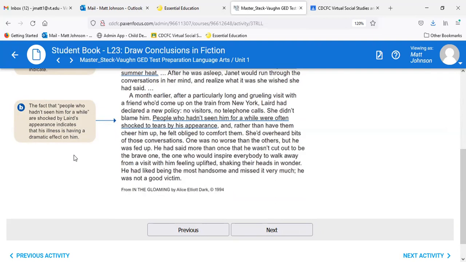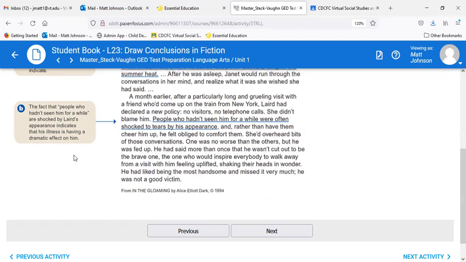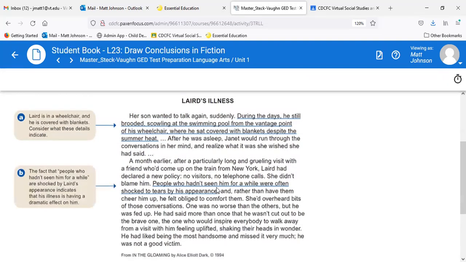And you could draw a conclusion. Wheelchair, blankets, people shocked by his appearance. That's somebody who's likely suffering from an illness, a very severe one. That's the conclusion you can draw from that, right? And that's what we're talking about here, making those inferences that combine into drawing a conclusion. If we just took that first point, it could just be an injury, or it doesn't really give you enough.